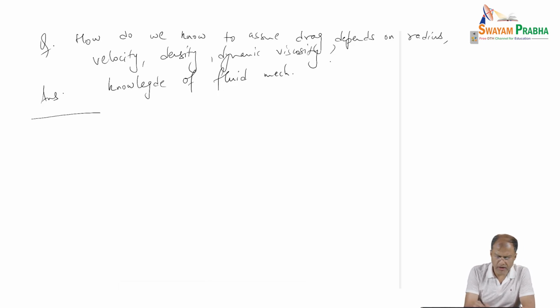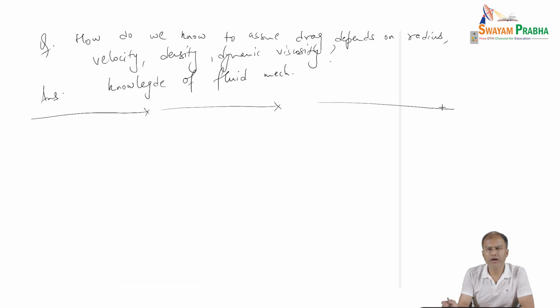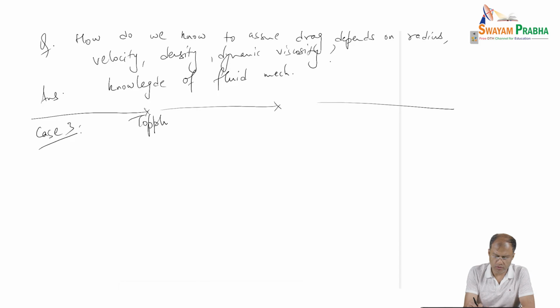Then we will try and focus on another example, the motion of toppling dominoes. So what exactly is this?